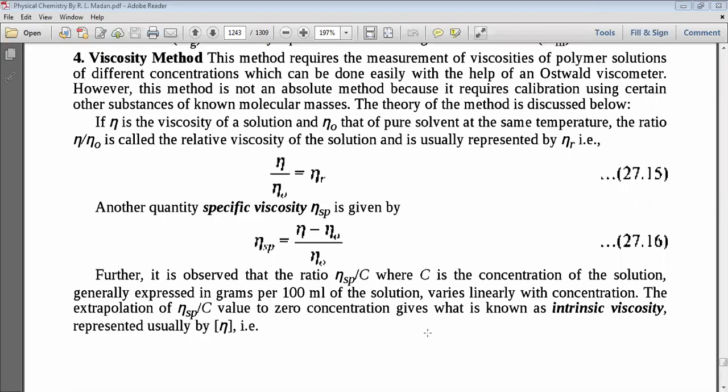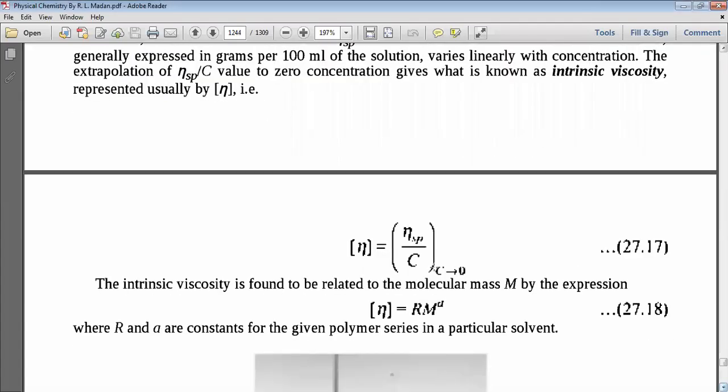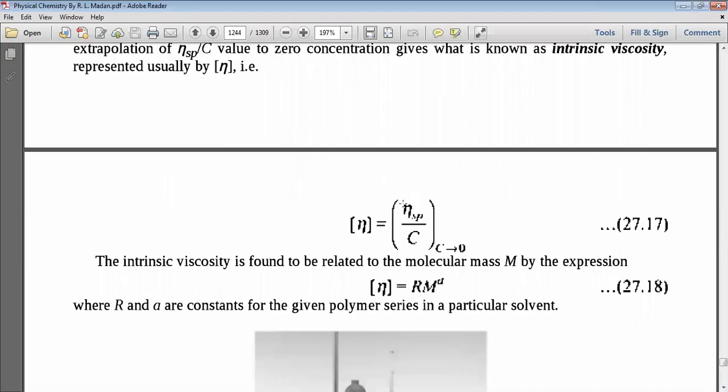The extrapolation of the eta sp by c value to zero concentration gives what is known as intrinsic viscosity, represented by [eta], that is [eta] equal to eta sp by c, limit c tends to 0.